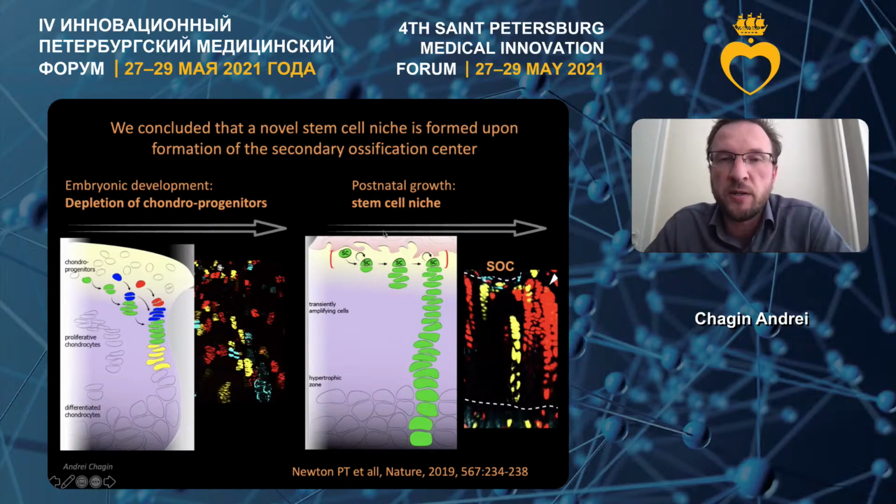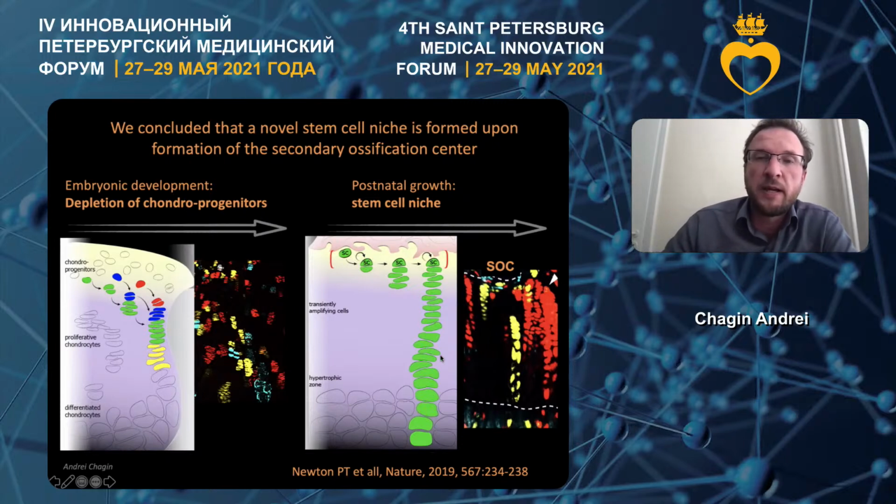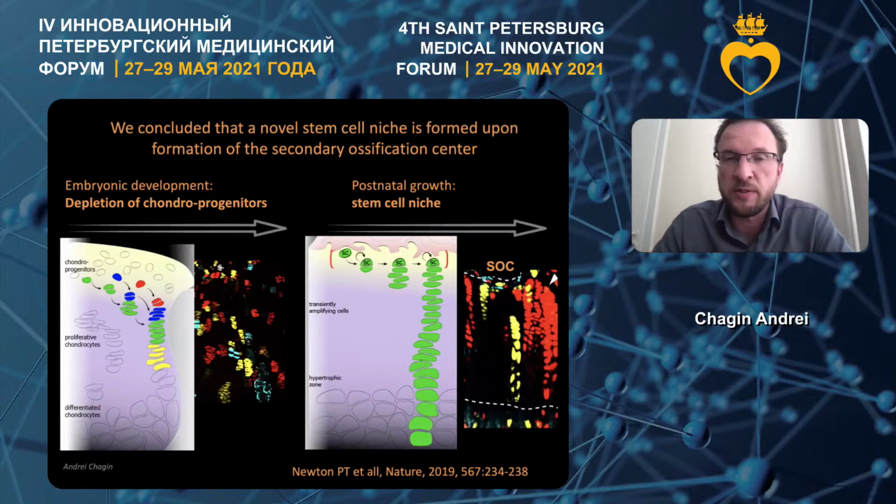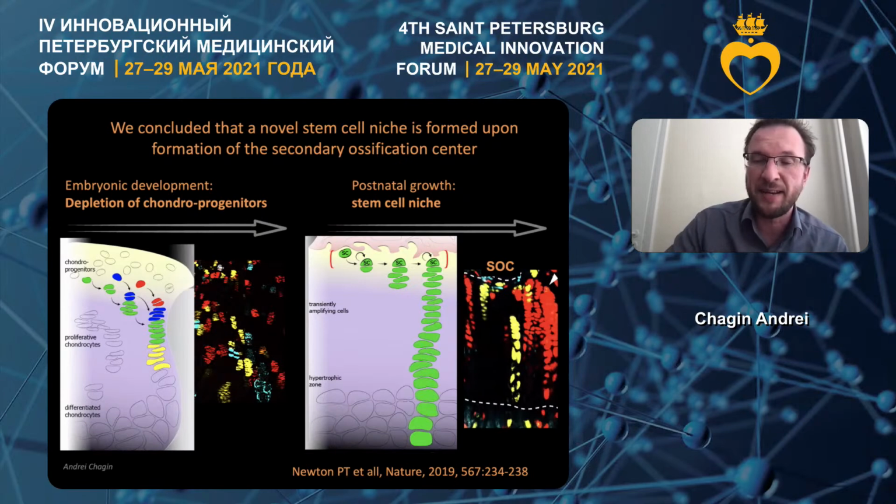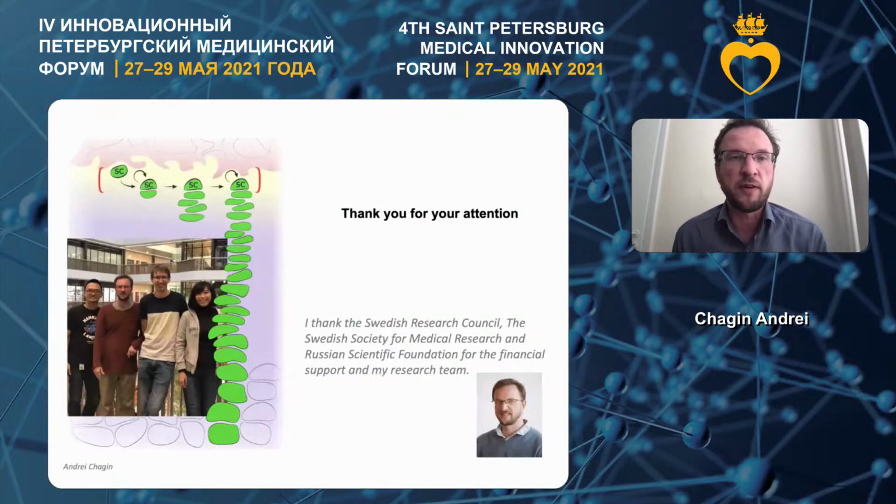But postnatal growth is based on an entirely different principle. A stem cell niche is formed, and it stabilizes some chondroprogenitors in the form of stem cells, which can renew themselves and generate stable large clones. So this was an example of how lineage tracing and clonal lineage tracing can be used to address scientific questions.